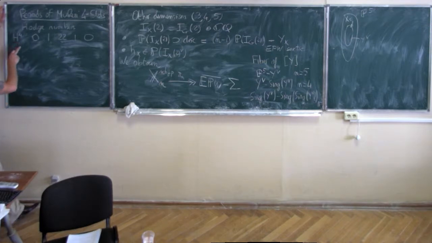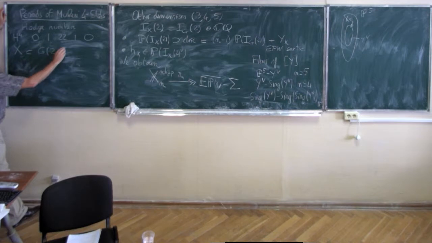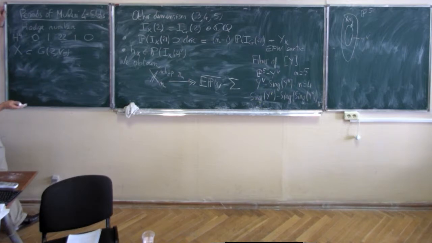So this is the full cohomology. So for example, in the non-hyperelliptic case, your X, your 4-fold, is a subvariety of the Grassmannian. And the H4 of G is really something that doesn't move. You don't want to consider it.